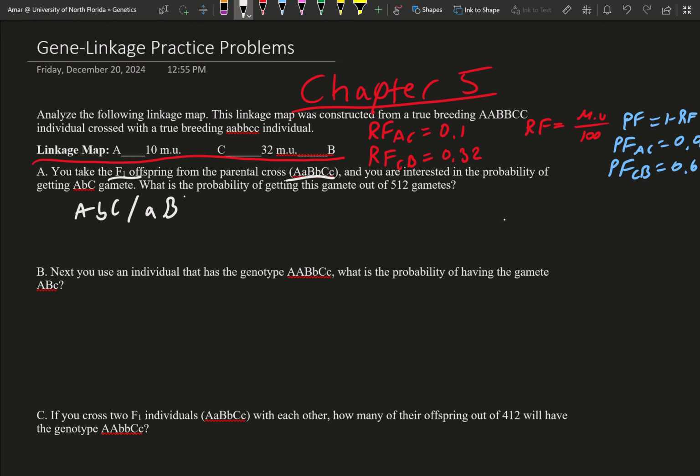In this situation, this individual has, on one of their homologous chromosomes, big A, little b, and big C, and on the other homologous chromosome, little a, big B, and little c. You would use this map to figure out part A, part B, and part C.